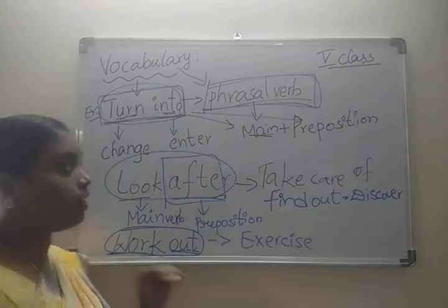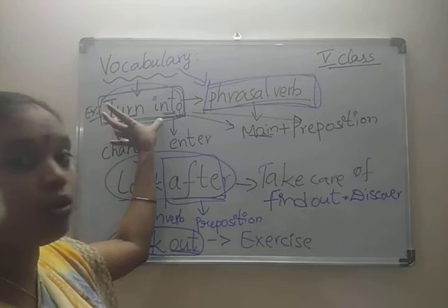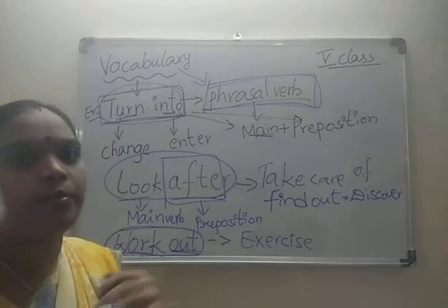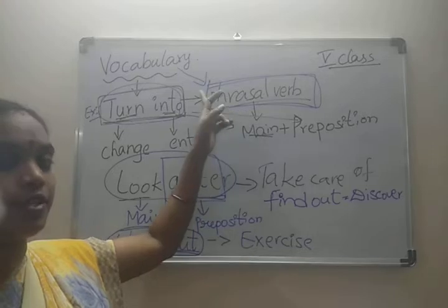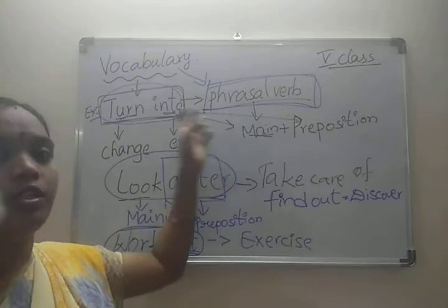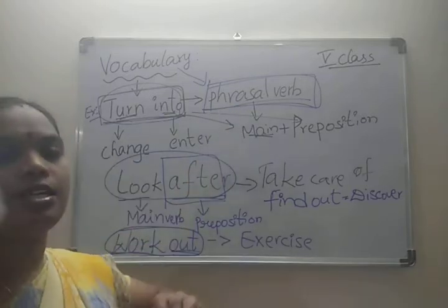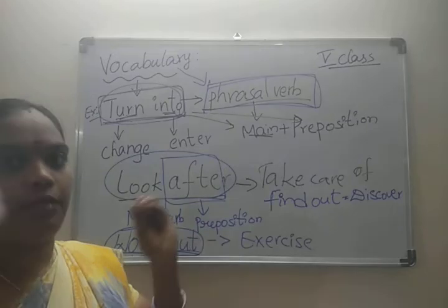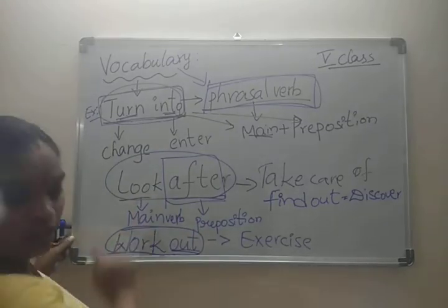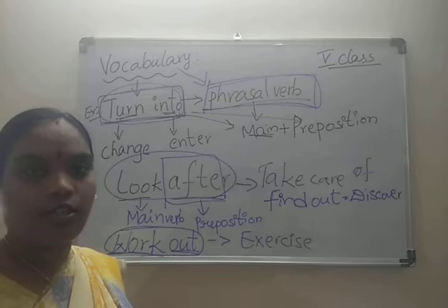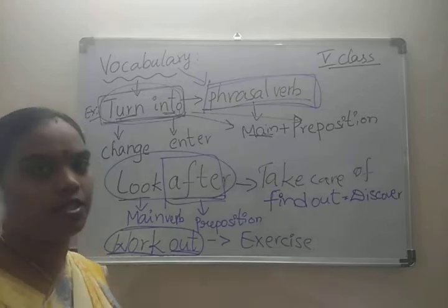We consider only the two words together, a main verb and a preposition. That is known as a phrasal verb. We use phrasal verbs to give more emphasis to the language. Yes, this is about phrasal verbs, children. Hope you understand what is meant by phrasal verbs.